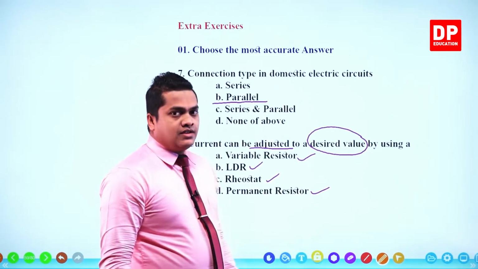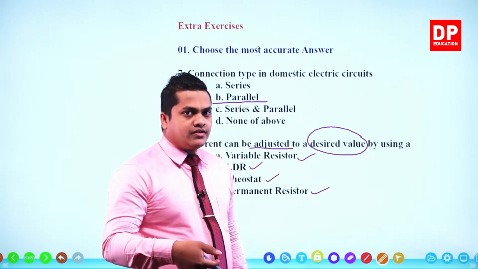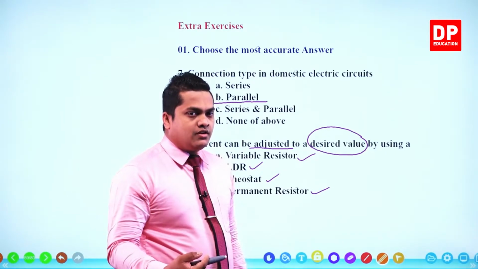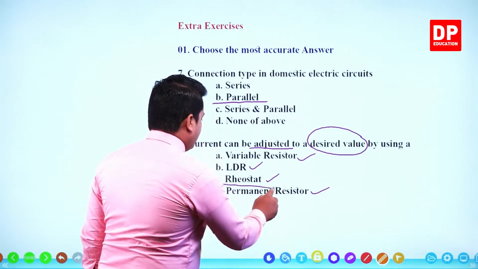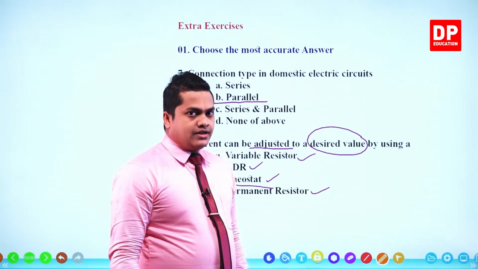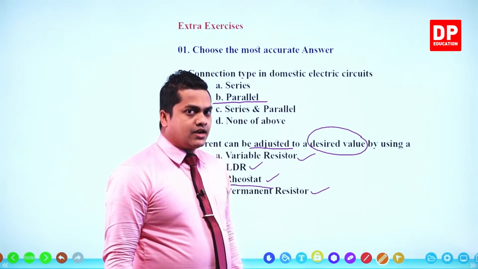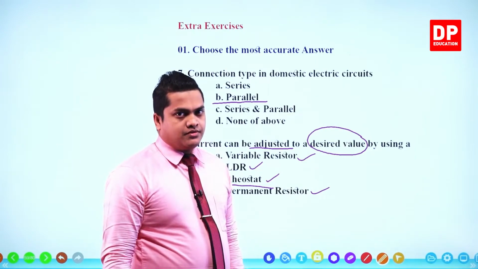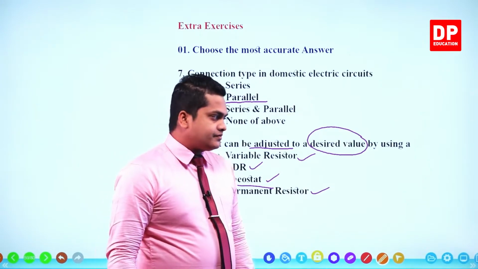Desired value means a value that we want. So to adjust the current to a value that we want, we can use the rheostat, right? Even we conducted this activity and I adjusted the current to 300 milliamperes, 100, 400 and so on, right? Okay then.